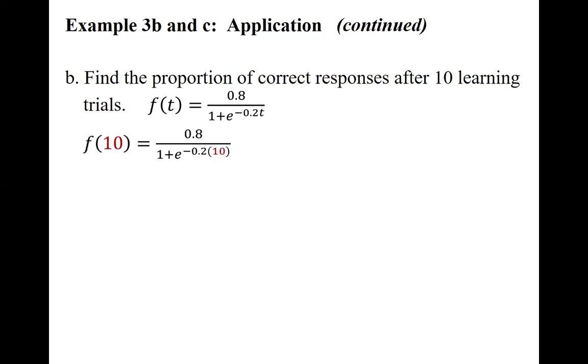I get 0.704. So about 0.7, 7 tenths, 7 in 10, 70% is the proportion of correct responses after 10 learning trials.